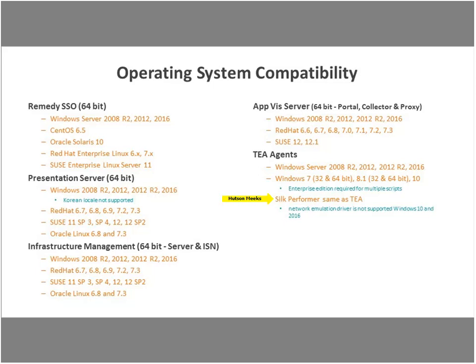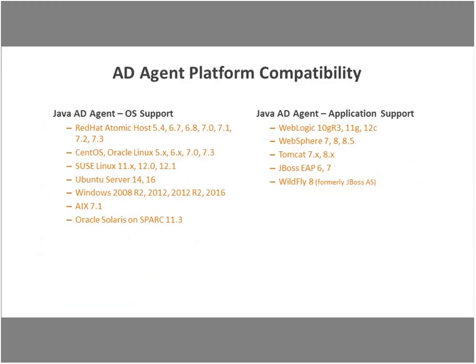The reason behind that is almost all customers' end user desktops and laptops are running a Windows desktop type system, and that's where the transactions are executed from, and that's where the synthetic TEA agent actually runs. We want it running in an environment that mimics the true end user platforms.